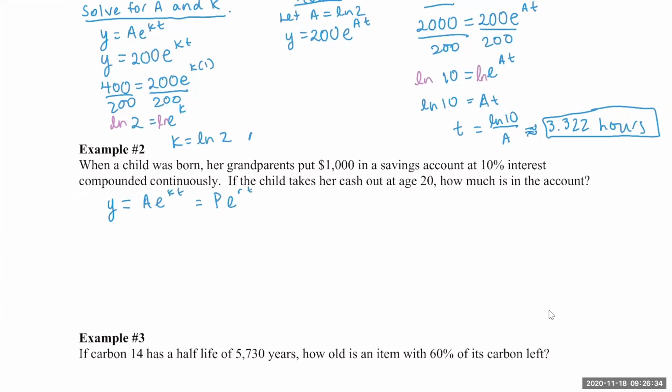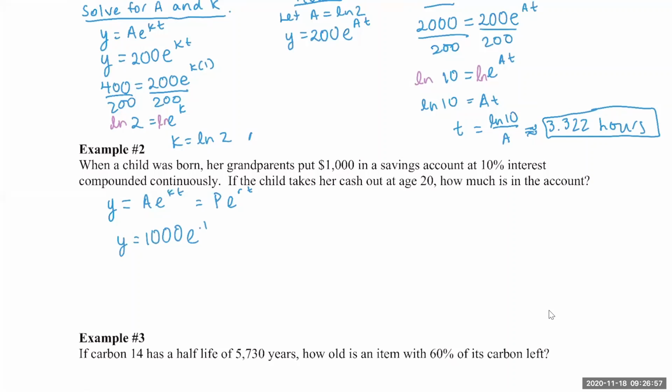Yes. So you guys will remember PERT from previous years. P is really your A, your initial principal amount is your starting amount. And then R is your interest rate, which you always write as a decimal value. So in this case, we know what A is equal to. It's 1,000. And then the interest is growing at 0.10.